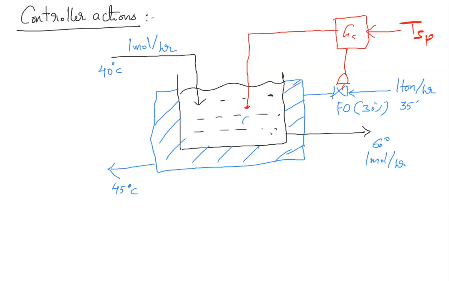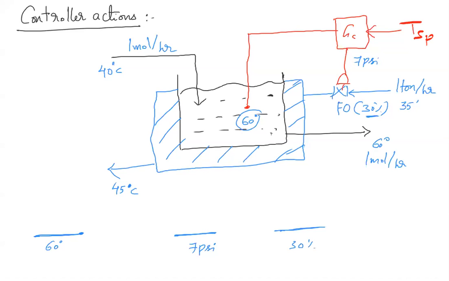Now this is 60 degrees, system is at steady state. Let's say the 30% corresponds to, assume, 7 psi. 7 psi will give 30% of opening. 60 degrees and you are getting 7 psi, and the valve opening is 30%.